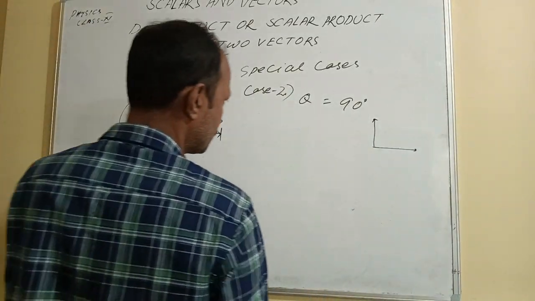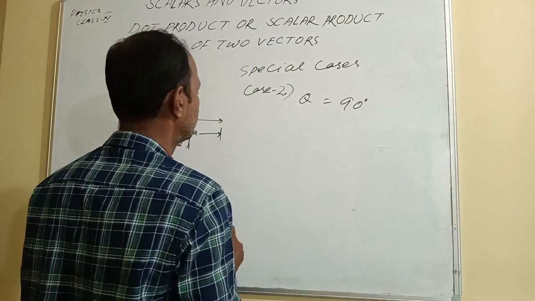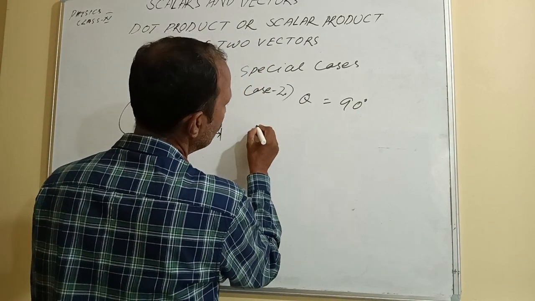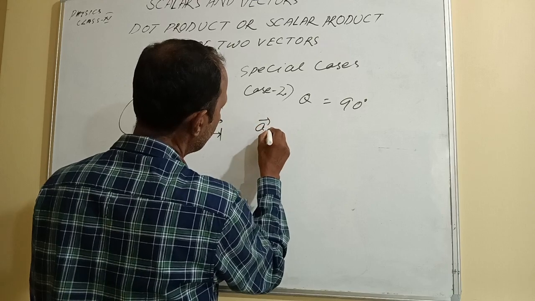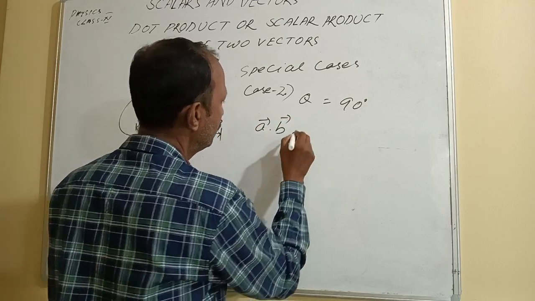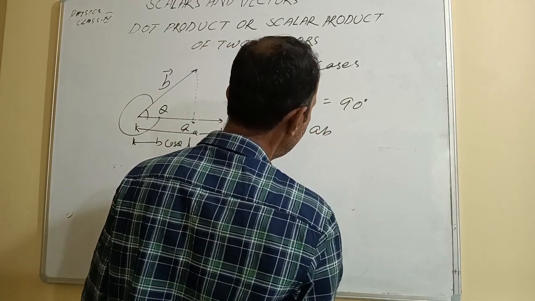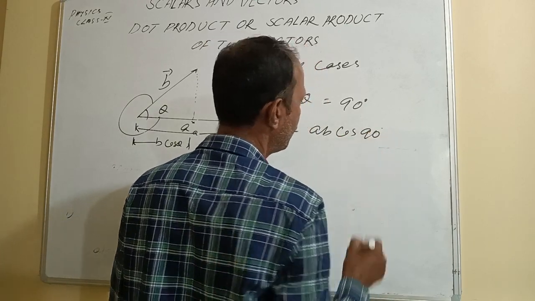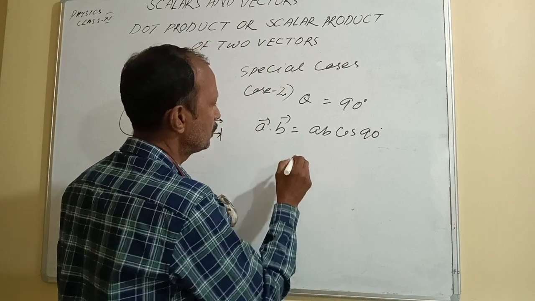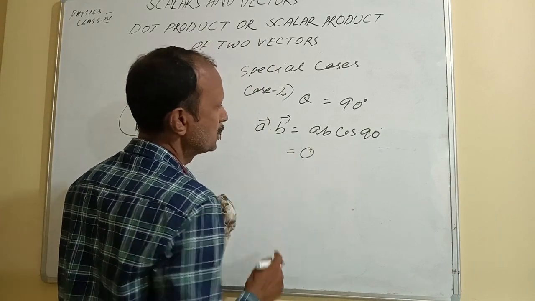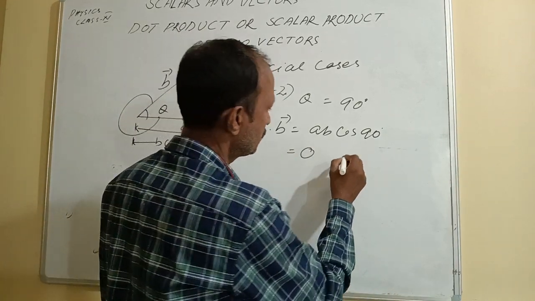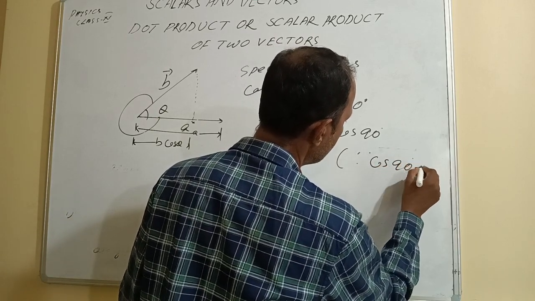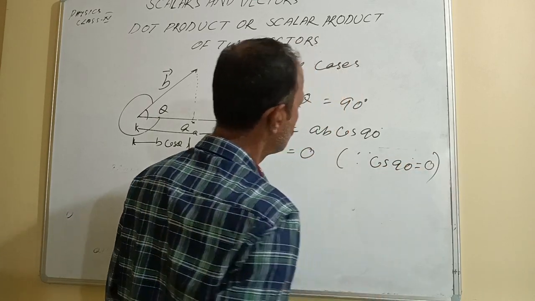In this case, I can say that vector A dot vector B is equal to AB cos 90 degree. This is equal to 0, since cos 90 degree is equal to 0.